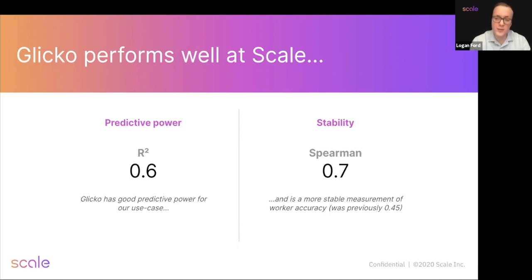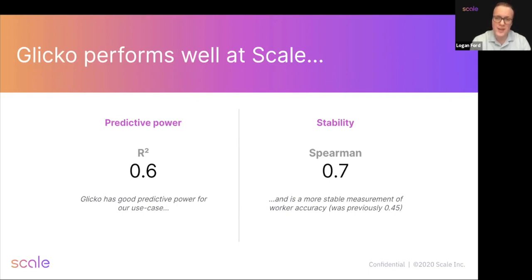And then on the other side, we looked at stability, and this allowed us to more directly measure against our current methods. We had a Spearman of 0.7 across many different simulations of subsampling certain matchups and seeing how our rankings changed depending on which matchups we actually included in our calculations. Using our naive approach, we were only getting a Spearman of about 0.45 between these subsamplings when ranking all our labelers in terms of skill.